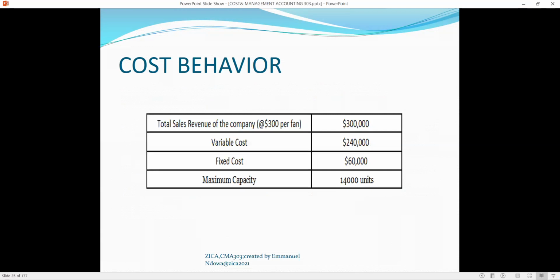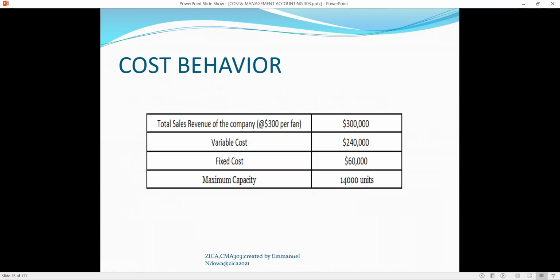So each fan is selling at $300. The total revenue is $300,000, the variable cost is $240,000, the fixed costs are $60,000, and the maximum capacity is 14,000 units.